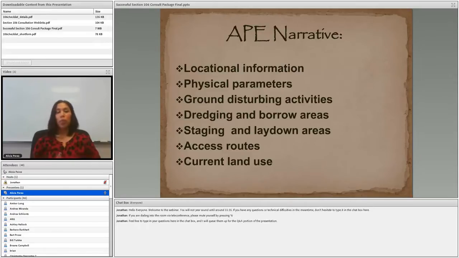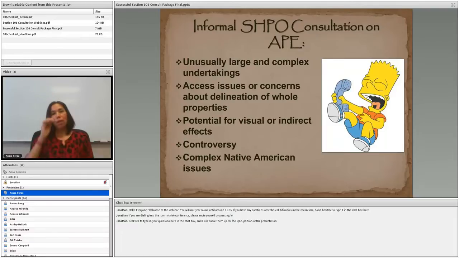It's also good to provide some information on the current land use of the APE. So is it a built urban environment, or is it an area that's rural? This is information that's important to the reviewer. Also, I encourage you to have informal SHPO consultation with our reviewers on the APE.